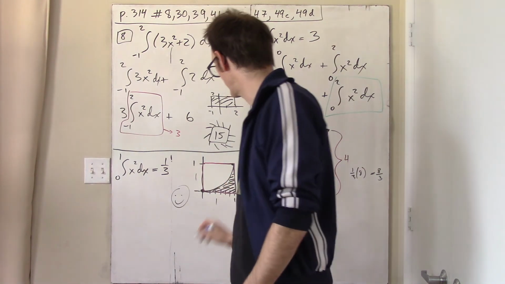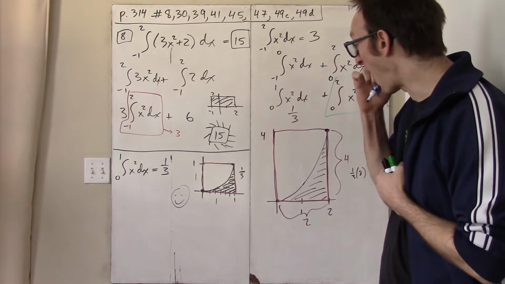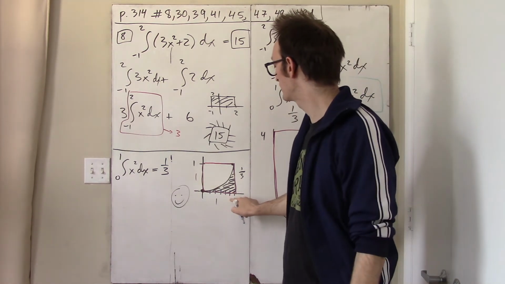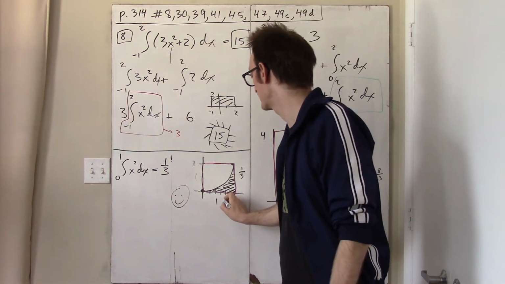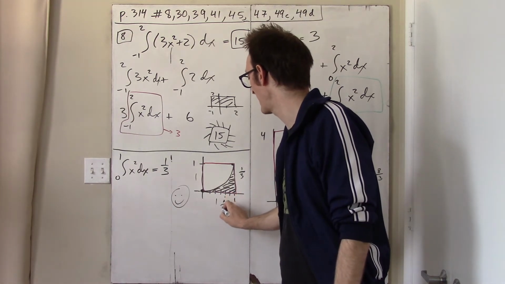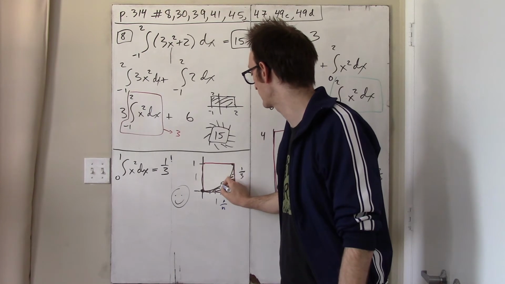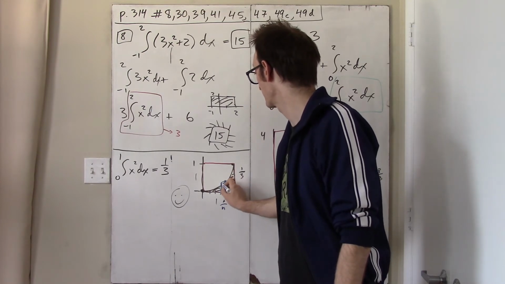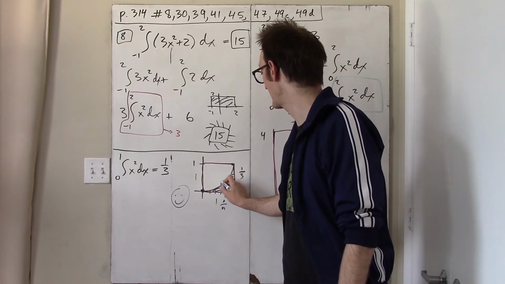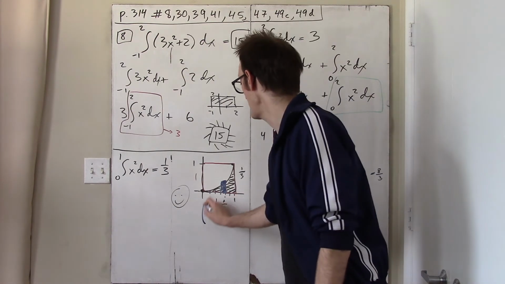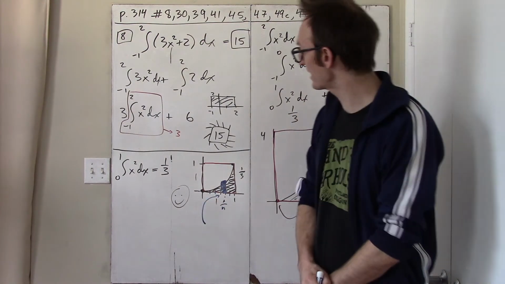I haven't actually thought this through, but when I go to the ith subinterval, which will happen at i over n, in the integral from 0 to 1 of x squared, then I get a little tiny rectangle. And what's the area of that little tiny rectangle?